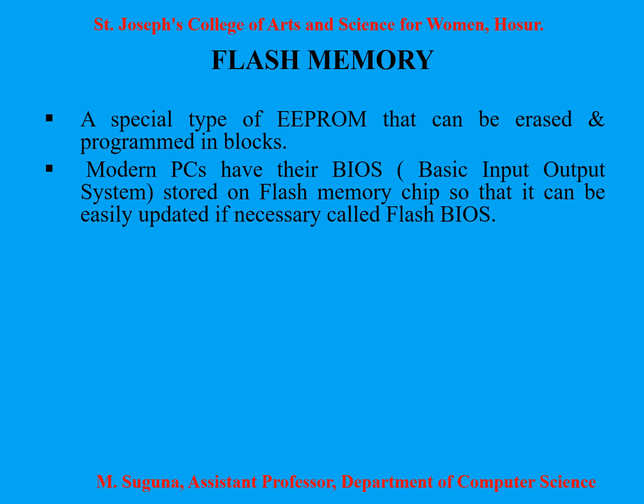It is a special type of EEPROM that can be erased and programmed in blocks. So there we saw that in EEPROMs it will be bytes, whereas here it will be erased in blocks. Most PCs have their BIOS, that is basic input-output system, stored on a flash memory chip so that it can be easily updated if necessary, called flash BIOS.